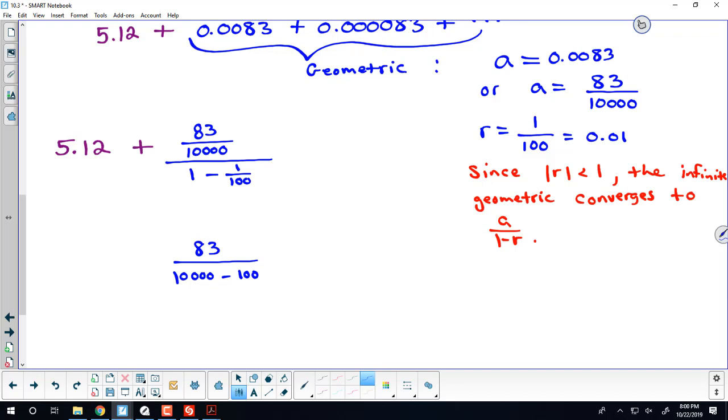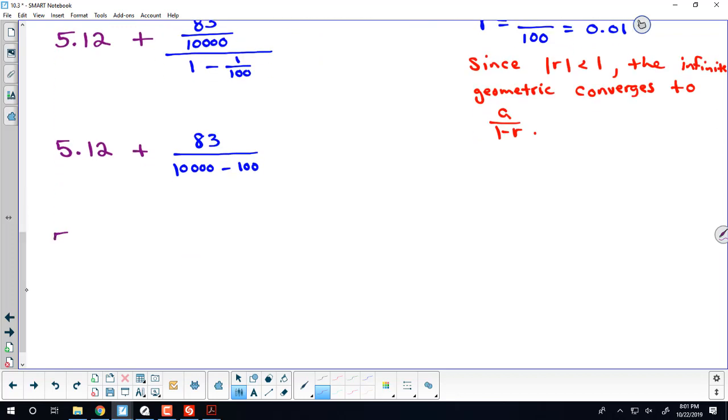And then that's still plus our 5.12. I guess you can deal with that whenever you want. Is everybody all right with what we're doing? Any questions? So we'll keep our 5.12 plus our 83 over 9,900.